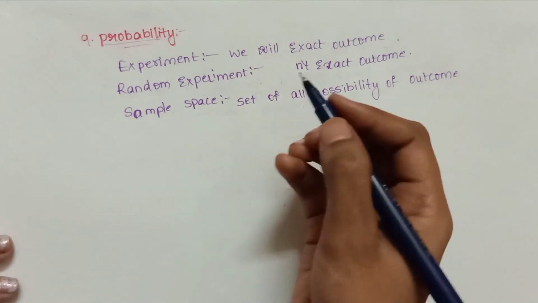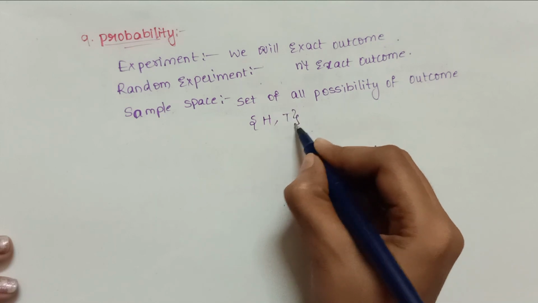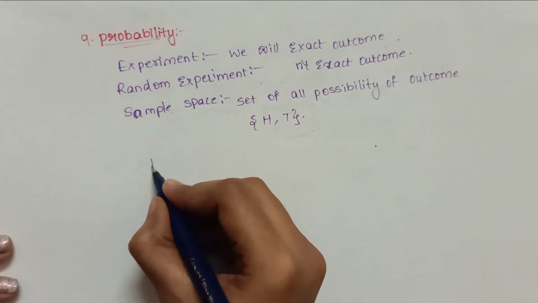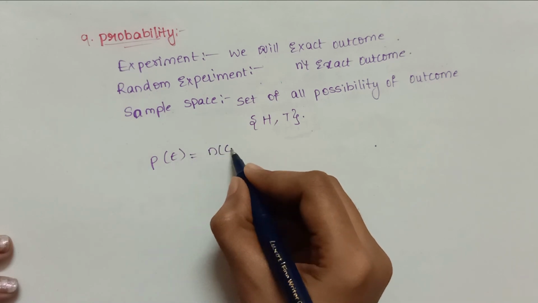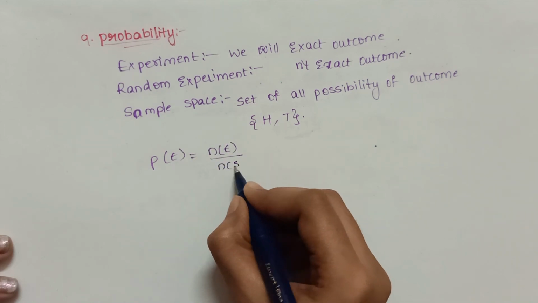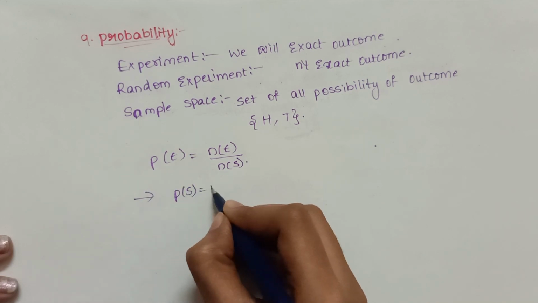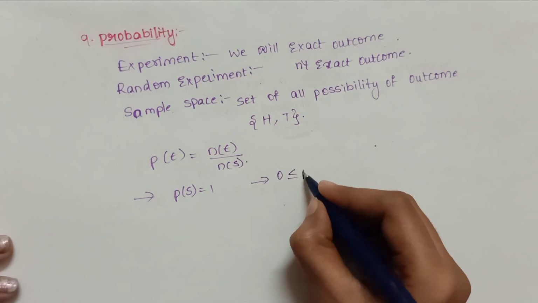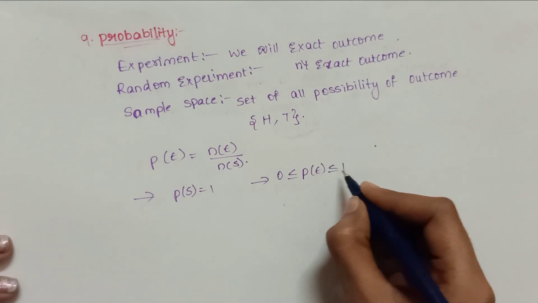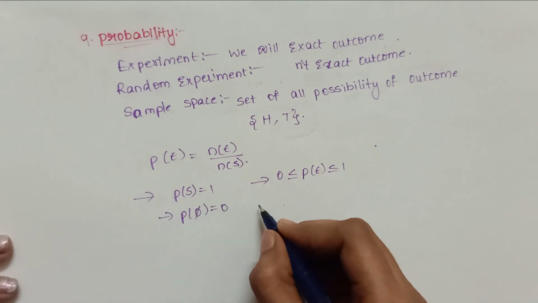For example, if we toss a coin, we'll get heads or tails. So next formula, P of E is equal to N of E by N of S. Next formula, P of S is equal to 1. These are the important formulas. 0 is less than or equal to P of E, which is less than or equal to 1, where P of null is equal to 0.